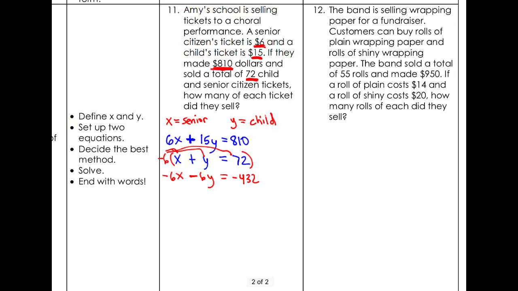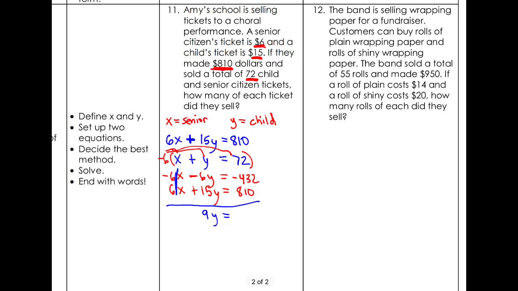And so let's bring down our other system here. We're going to drop that below. And that is 6x plus 15y equals 810. And so now we can start eliminating. There's that elimination. We have a negative 6y and a positive 15y. We combine that, and that is 9y.